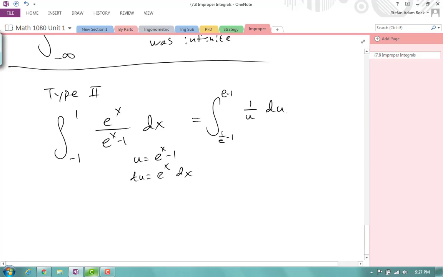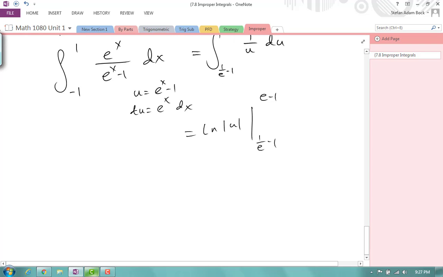And I'll say, yeah, okay, I know the antiderivative, that's equal to the natural log of u, and I'd evaluate that from 1 over e minus 1 up to e minus 1, right? Perfect. So this is natural log of e minus 1 minus natural log of 1 over e minus 1. But that's not true.